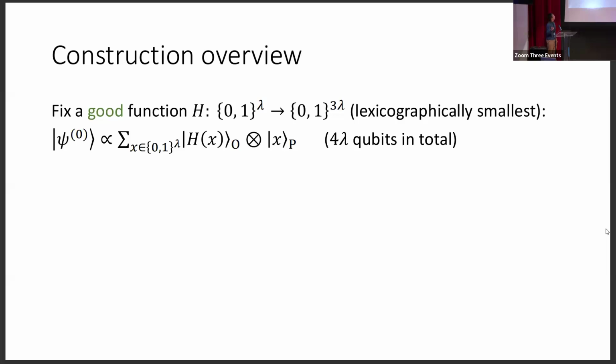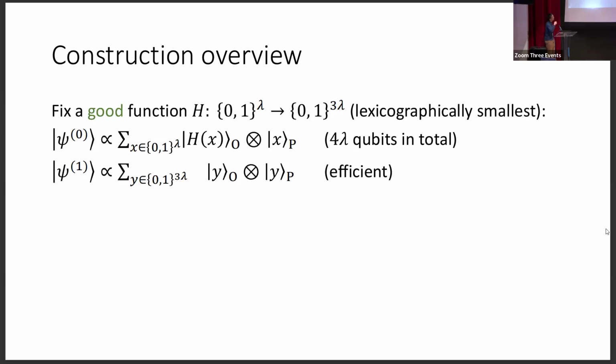Okay, so the quantum state that they're going to prepare is basically the commitment state to both 0 and 1. So the commitment state to 0 essentially consists of a uniform superposition of all the input-output pairs of this good function. Because it's lambda bits to 3 lambda bits, this is in total 4 lambda qubits.